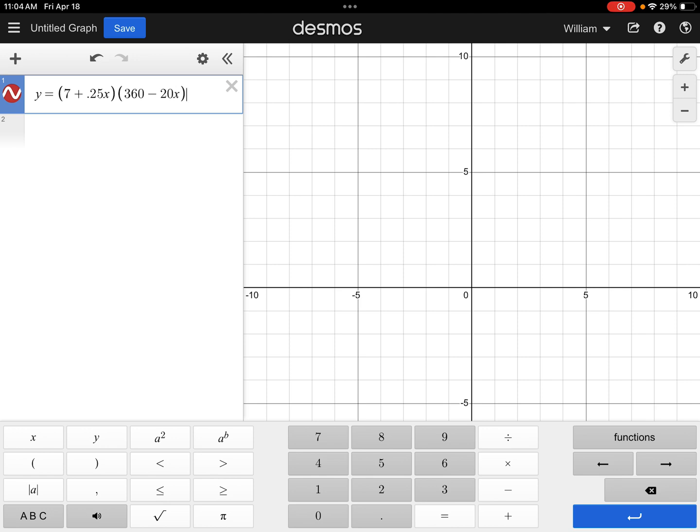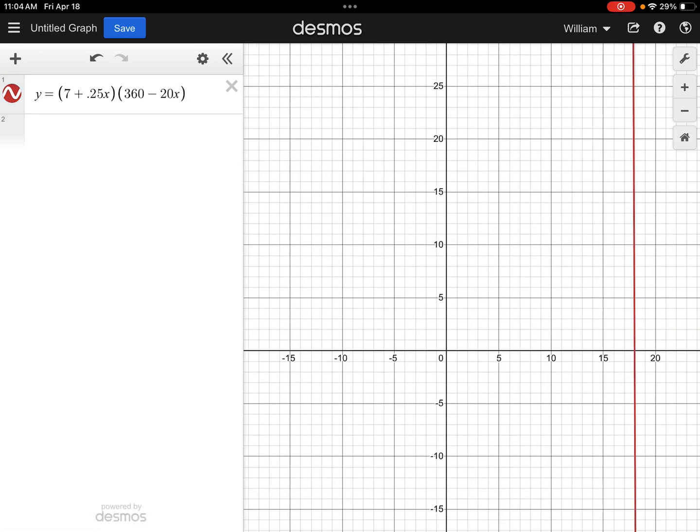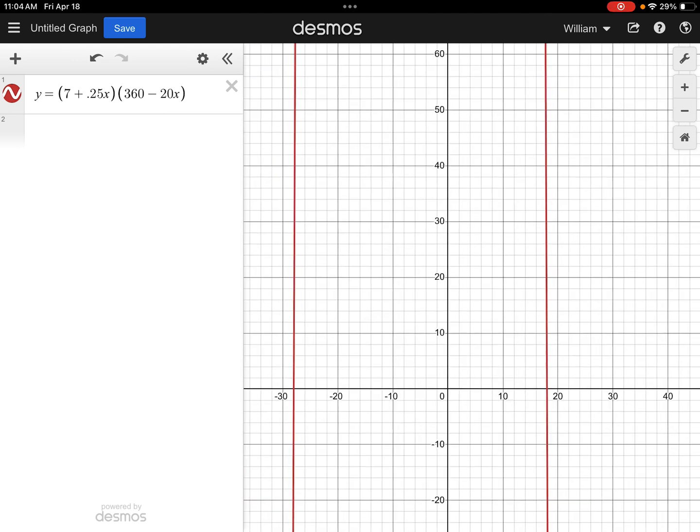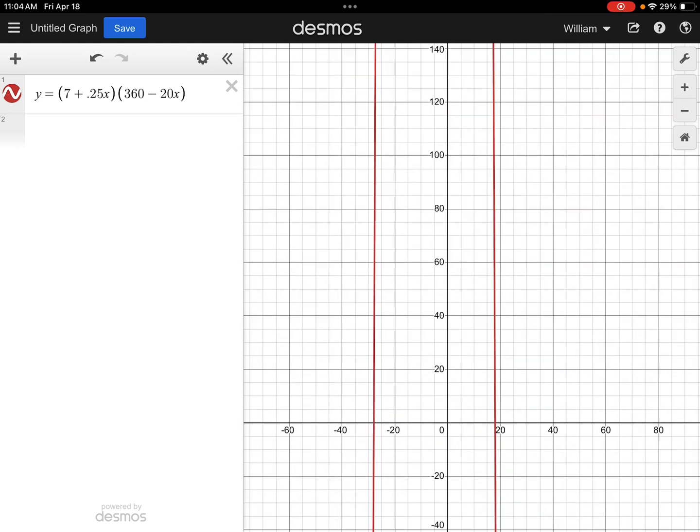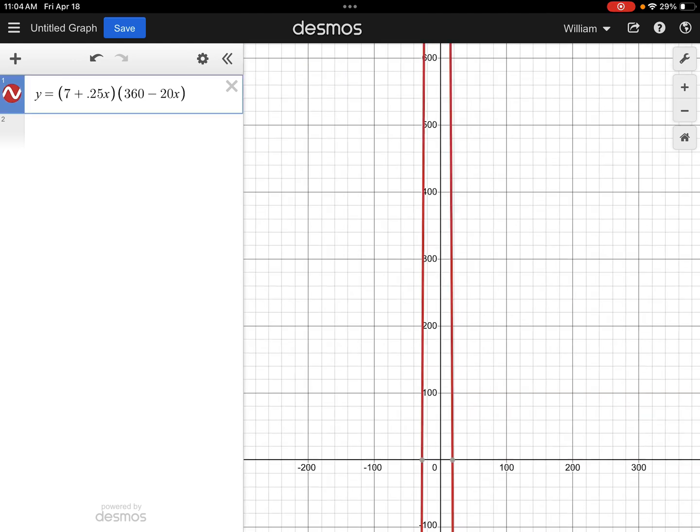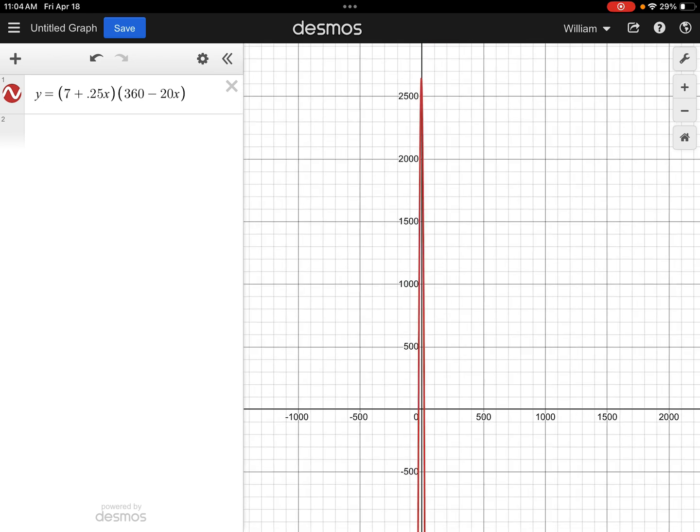Now obviously, I gotta zoom in here, don't I? There is my parabola. And what I want to do is find the vertex. Notice it says x is -5. First thing I'm going to do here is set my window so I can see it a little bit.